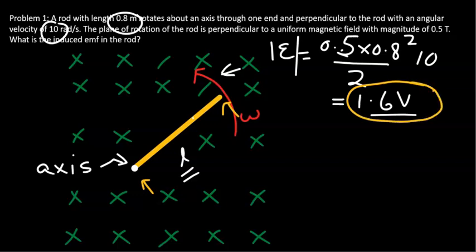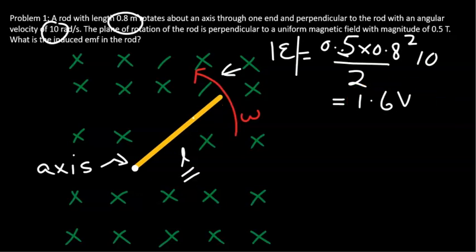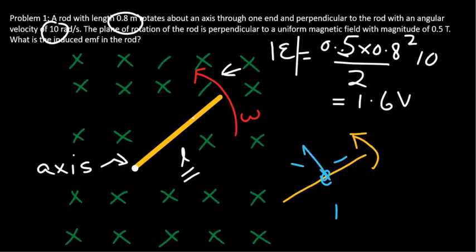Now the question is, which point is at a higher potential? To answer that, let's look at this rod construction and let's concentrate on a free electron within that rod. So this is a free electron. As the rod moves like that, we know that this electron would have a linear tangential velocity like that.